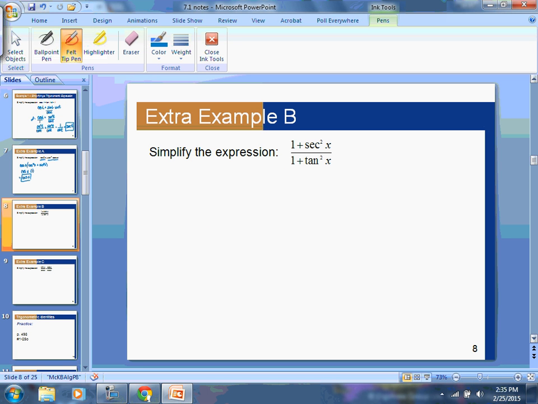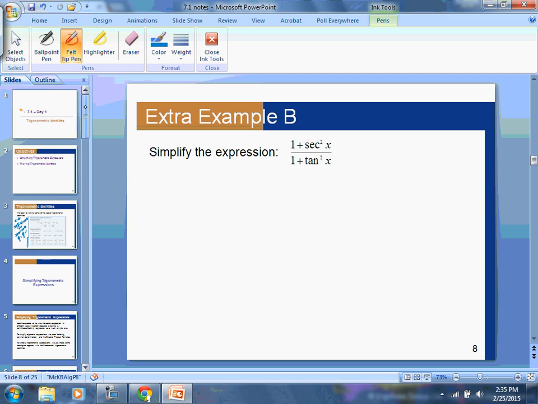Okay, let's try this one. We have 1 plus secant squared x over 1 plus tangent squared x. Now, we've seen this before where we're adding 1's to our squared trig functions.